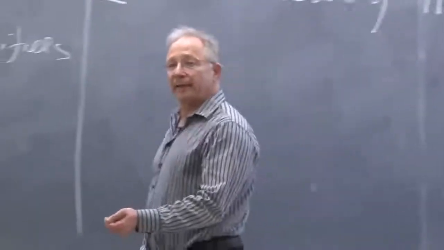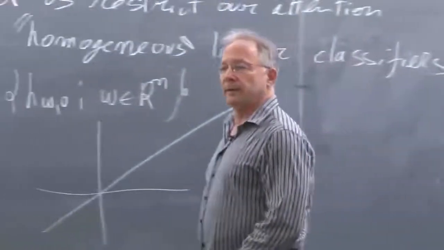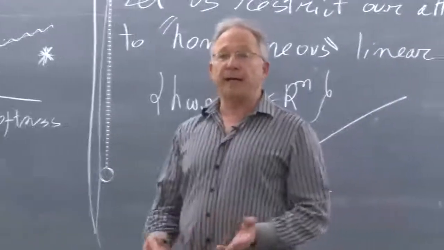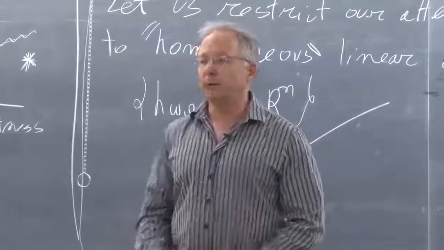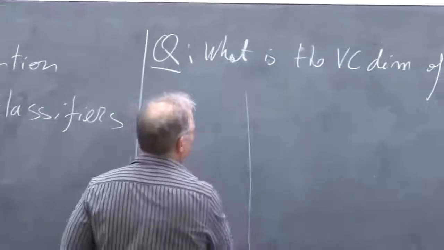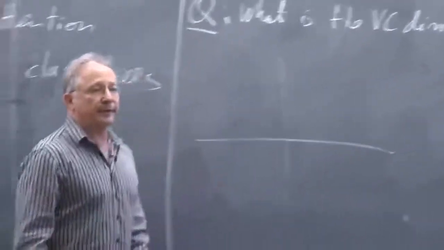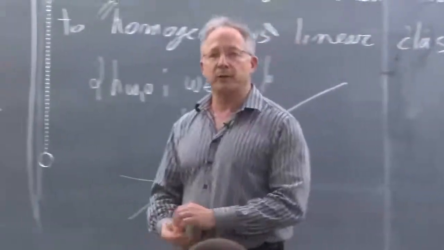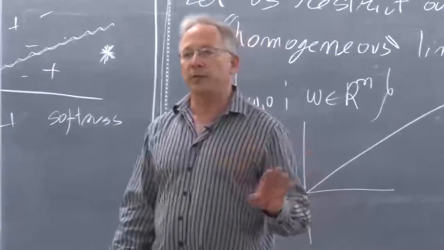We can try it in R2, but what will it be in general? So let's start with R2. What do you think is the VC dimension of the class of all half spaces or linear separators that go through the origin in R2?